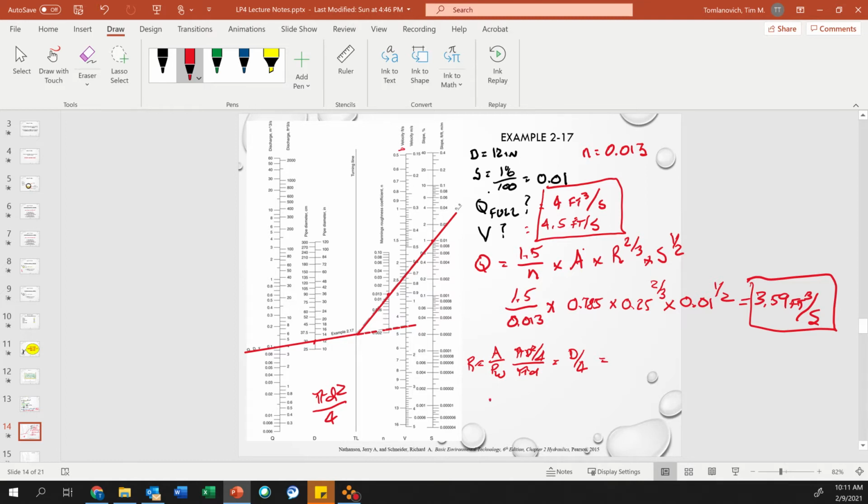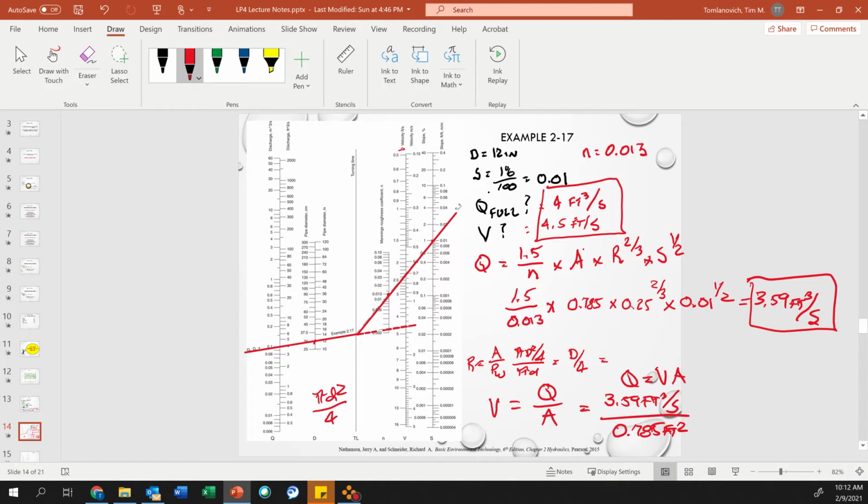Now velocity equals Q over A, because remember Q equals velocity times flow area. I rearrange that equation. So I have a Q of 3.59 cubic feet per second divided by my area, 0.785 square feet.